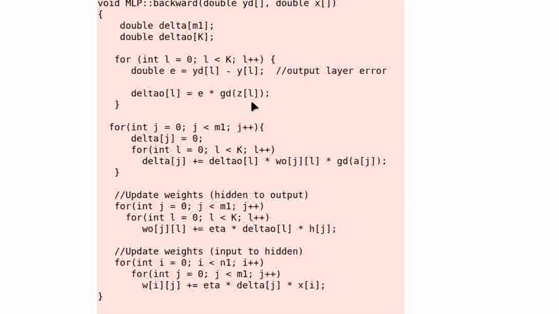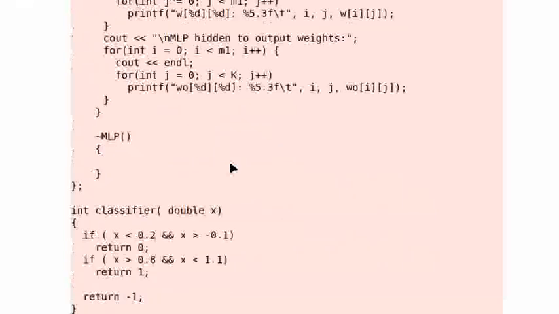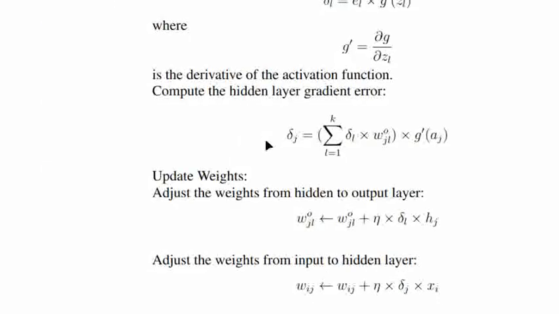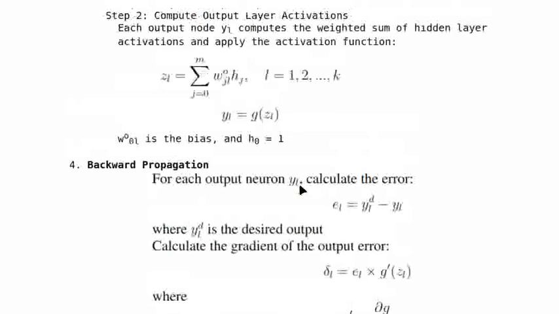And also delta J is the sum of this. So it is the implementation of this formula, strict implementation. Nothing special.